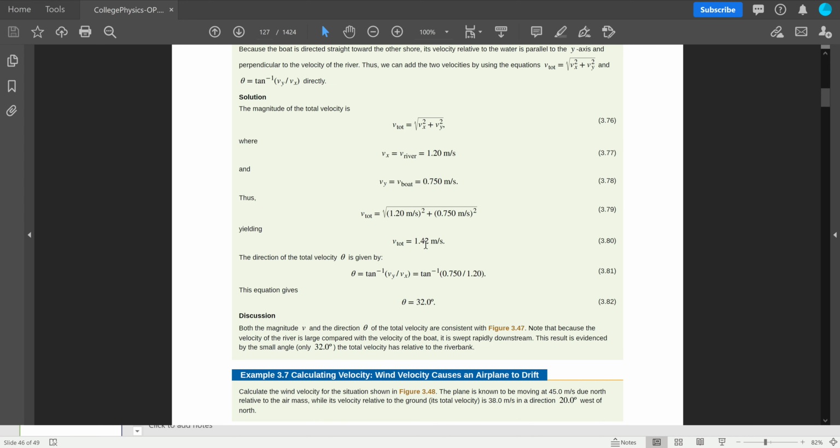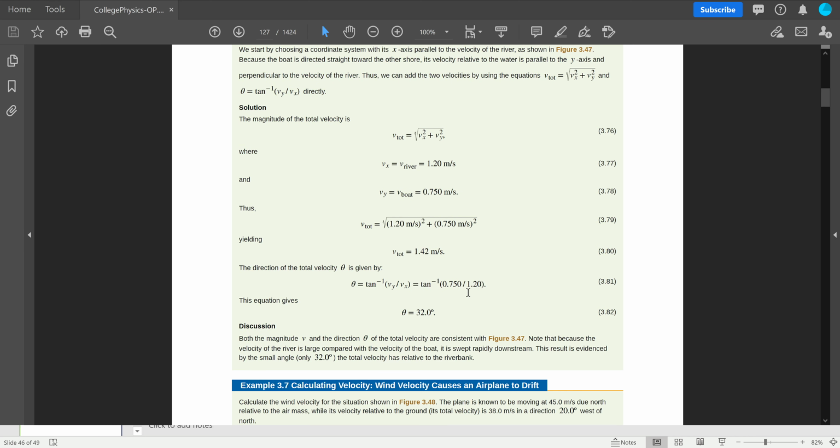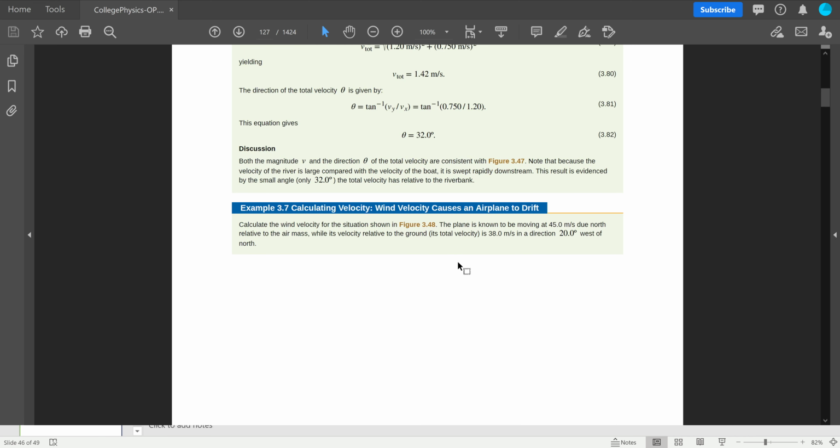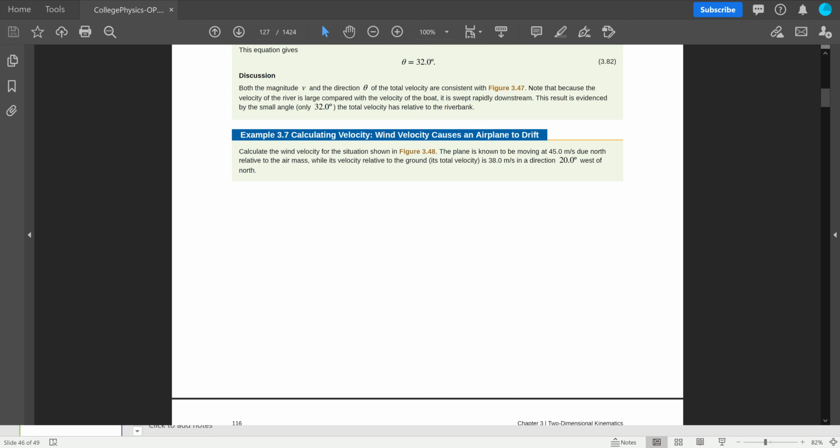Okay, so it's traveling at 1.42 meters per second at 32 degrees relative to the shore. Now, if you're in the boat, you probably won't feel the river velocity. You probably won't even see the degrees. So it really depends on where the observation is taking place.